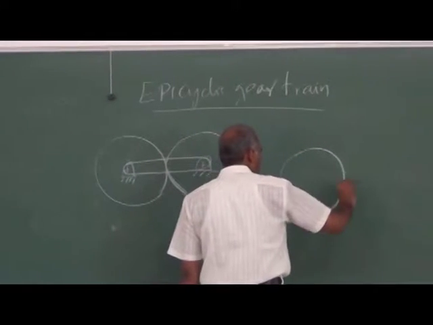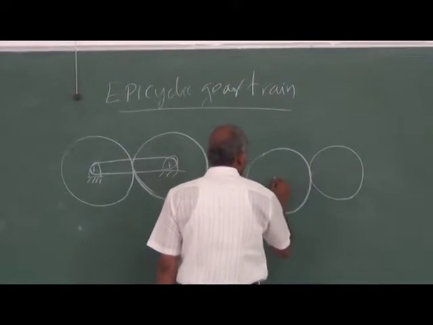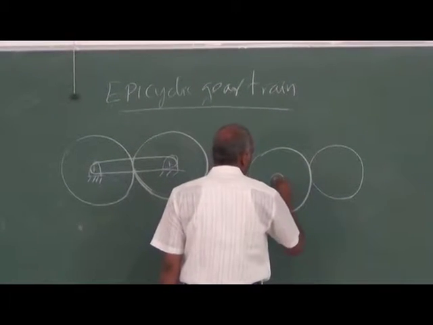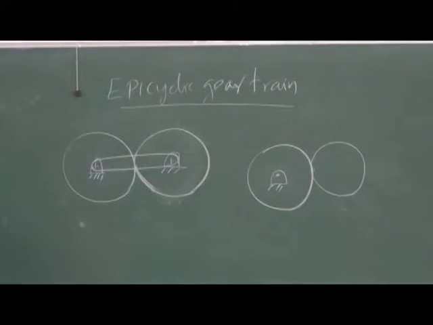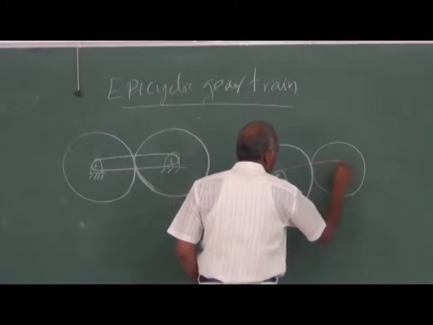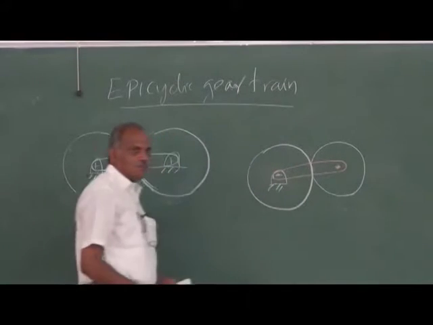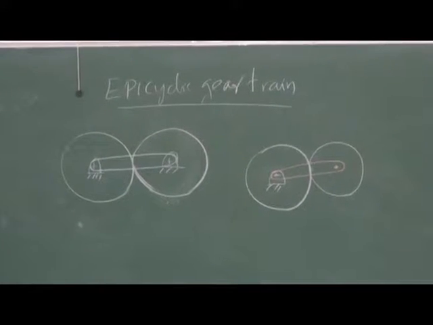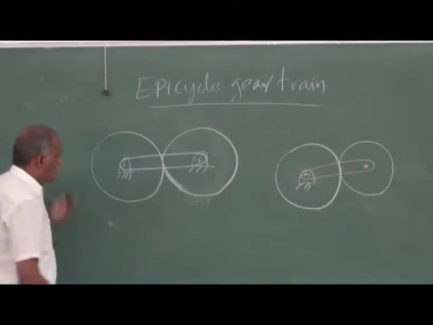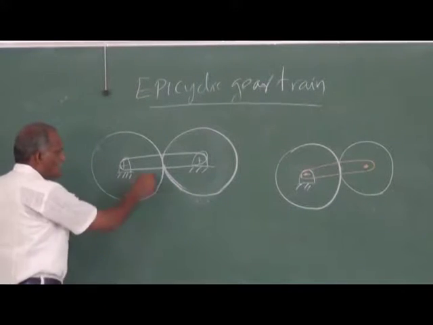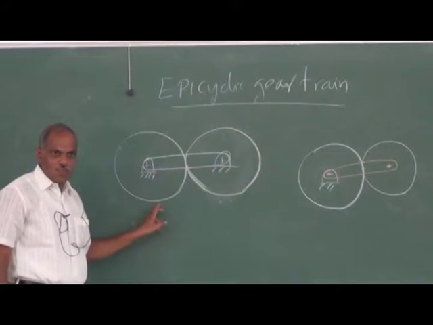You think of these two figures. You can say this one is the ordinary gear train, where you have the two gears in engagement.